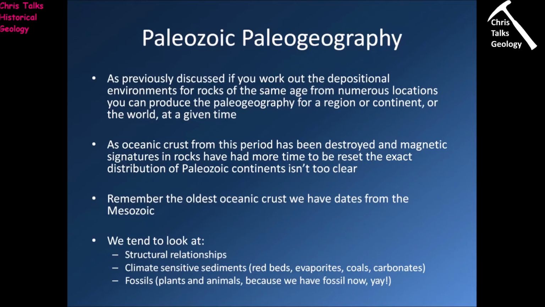We can also say at this particular point, this big piece of rock started rifting apart and started moving as two separate pieces away from each other. So by using the structural relationships, we can gauge where the continents were relative to each other based on how they're interacting. We can also look at the rocks themselves.